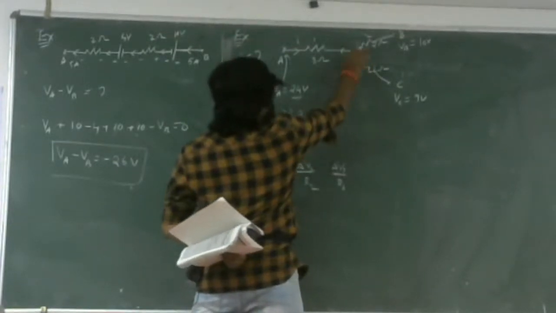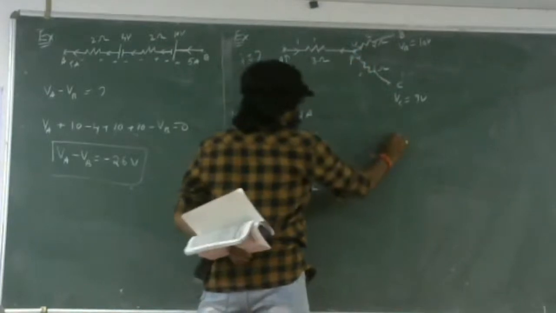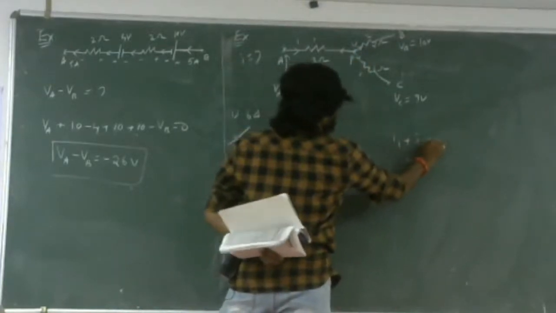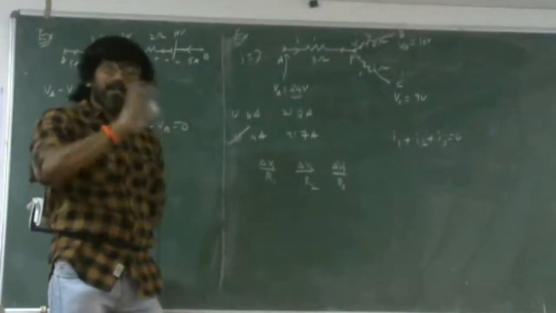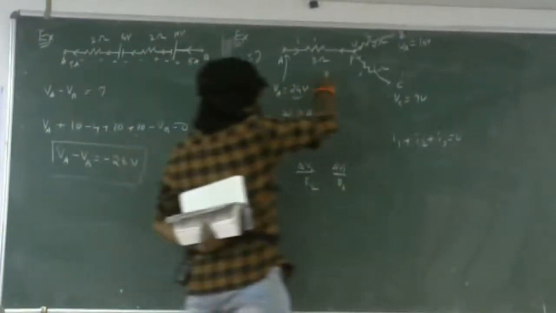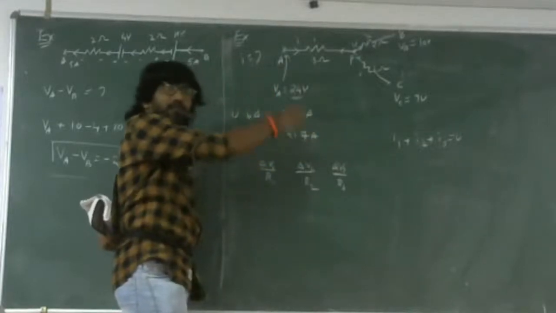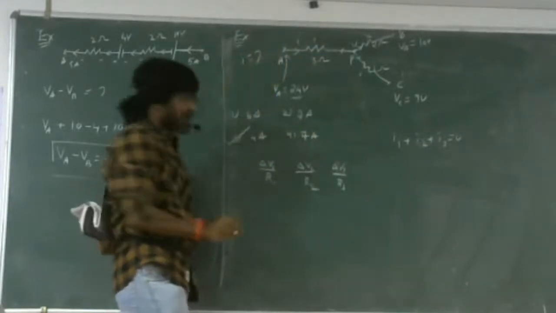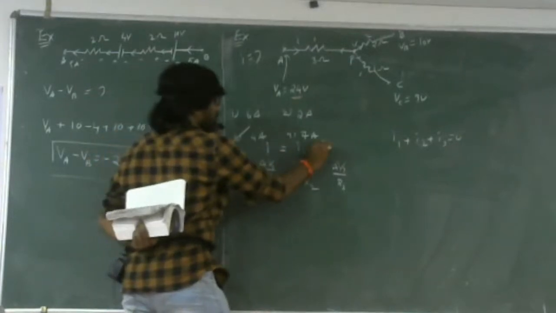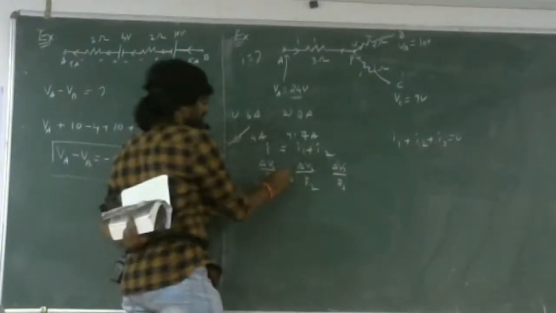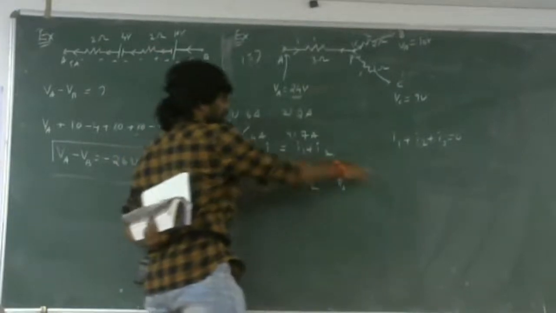So I1 plus I2 plus I3 is equal to 0 according to Kirchhoff's current law, by taking these directions. Otherwise, I is equal to I1 plus I2: the current approaching the junction is equal to the current leaving the junction. In that way, if you prefer, take I is equal to I1 plus I2. So if this is I, then this should be equal to I1 plus I2.